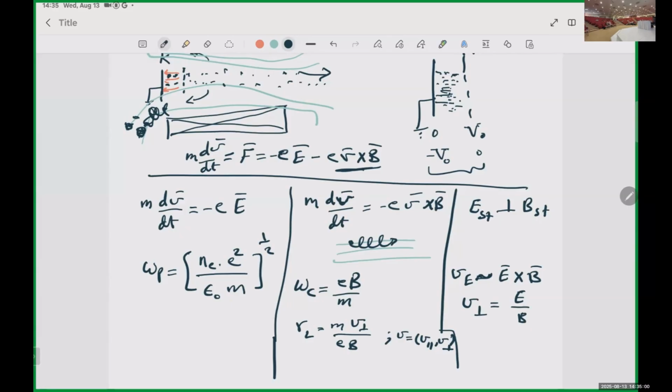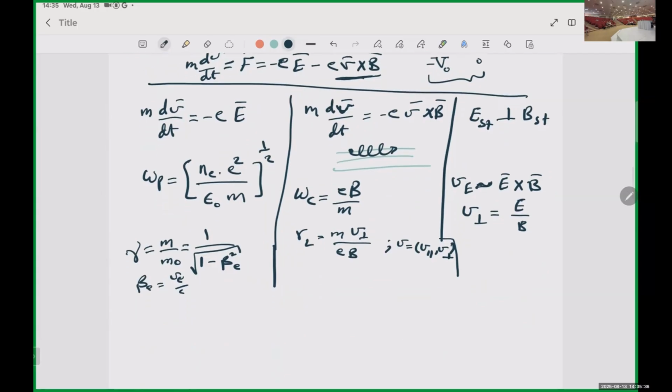Now, if you take a look at m, if you are talking about a non-relativistic electron cloud, m is just the rest mass, probably enough. But if you have a relativistic level of electron movement, now you have to have a relativistic gamma factor involved, which can be calculated from the applied voltage.